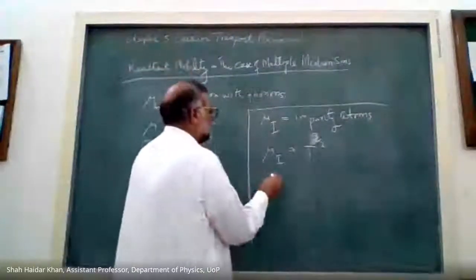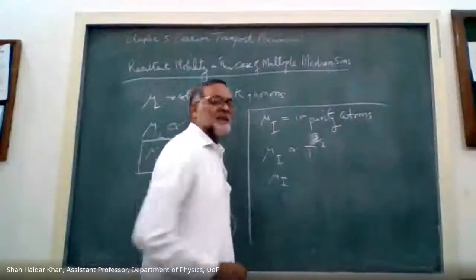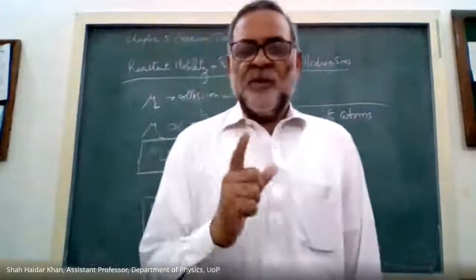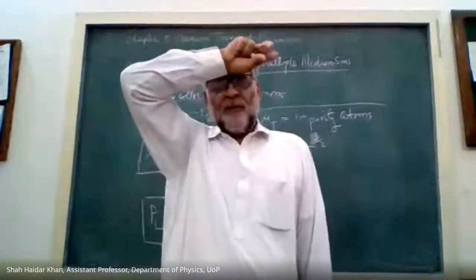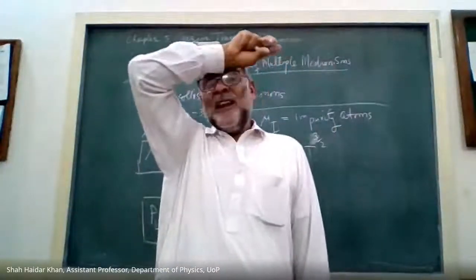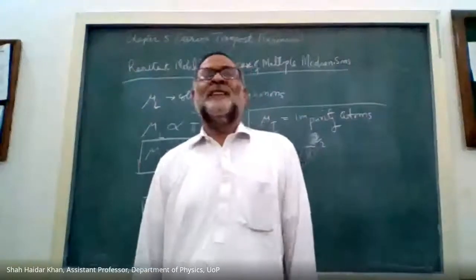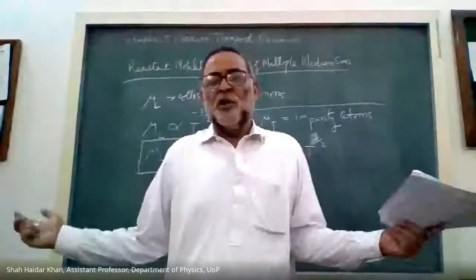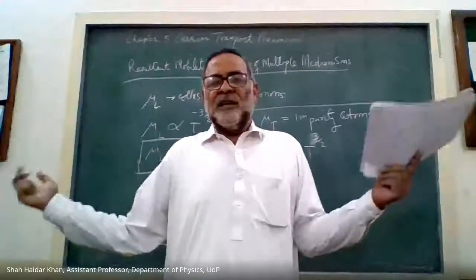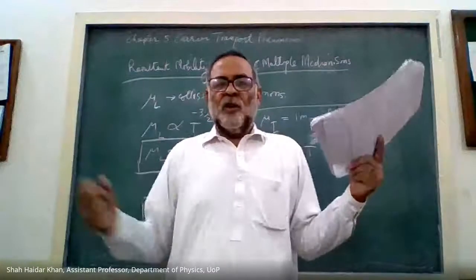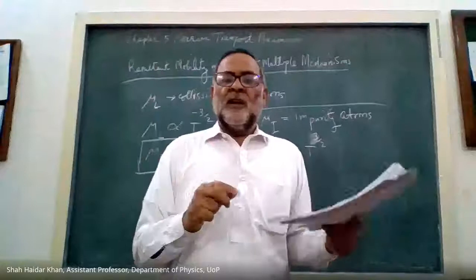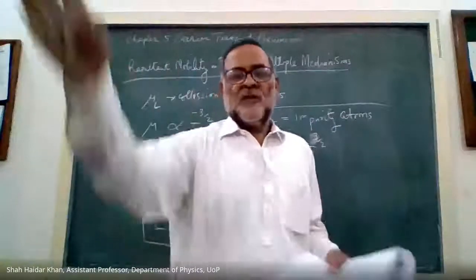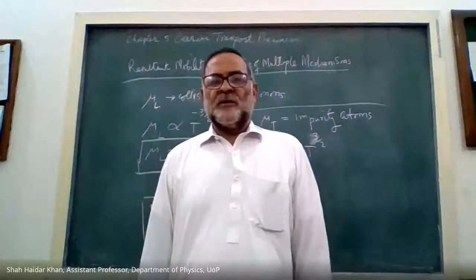Similarly, mu I, the mobility because of impurity atoms, will be inversely proportional to the concentration of impurities. If there are more impurities, the mobility will be lower, because with more impurities the charge has many more things to pass through to produce current.